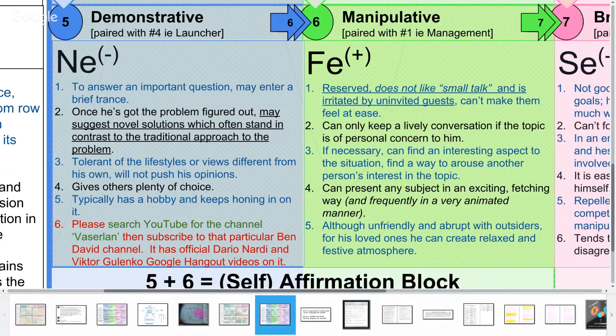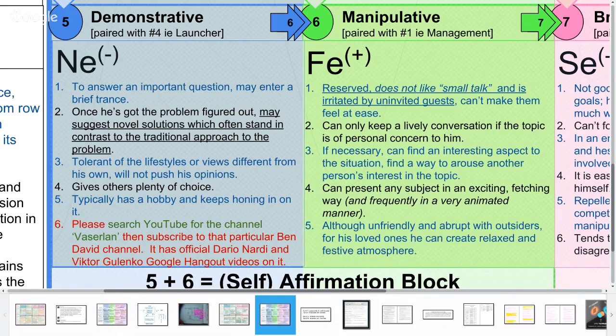To answer an important question, may enter a brief trance. Once he's got the problem figured out, may suggest novel solutions which stand in contrast to the traditional approach to the problem. So, Victor may be writing about himself here.